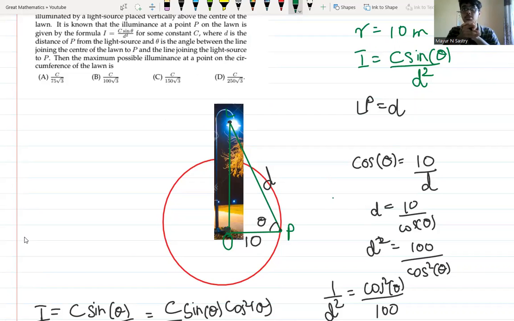That is, again, you know that tan of theta equals LO by 10. Since you know tan of theta, LO is easy to find because it's just 10 times tan of theta, which is going to be 10 by square root of 2. That's the height you require for maximum illuminance.